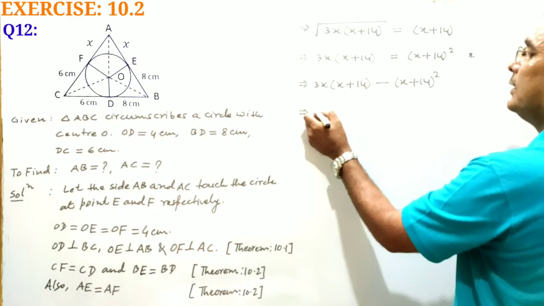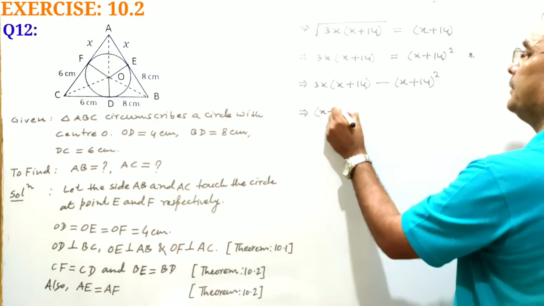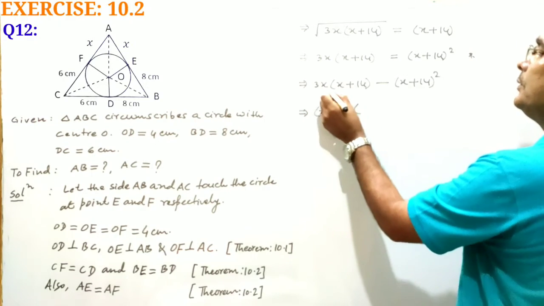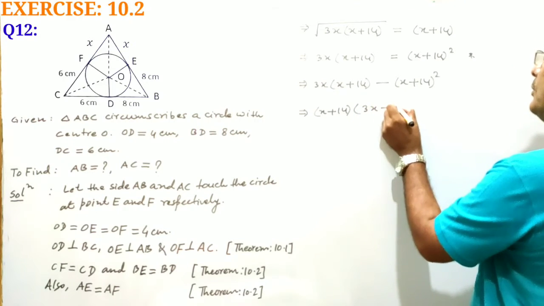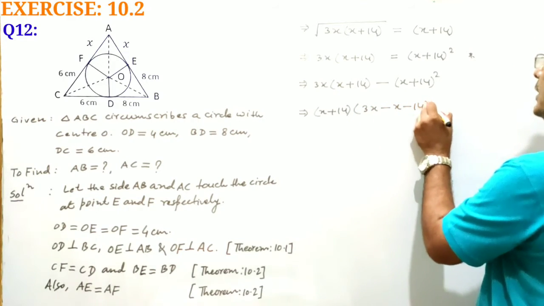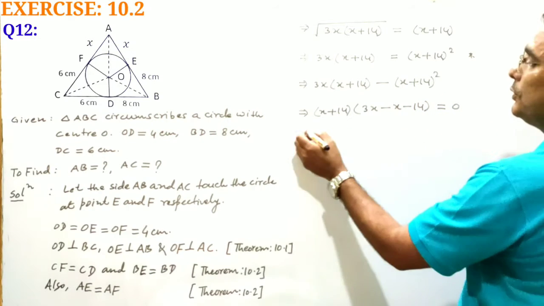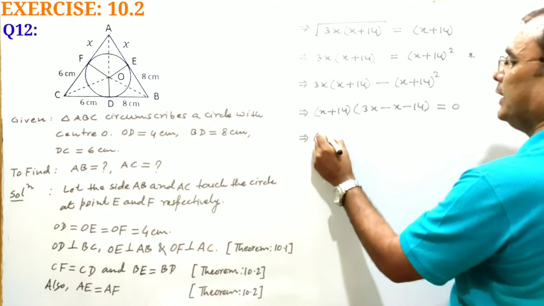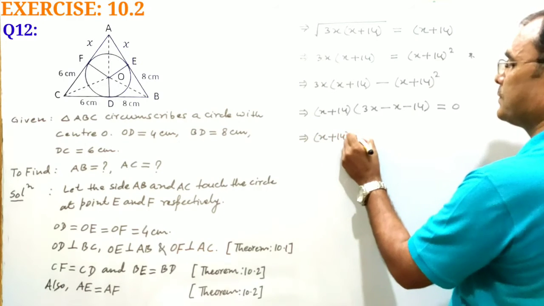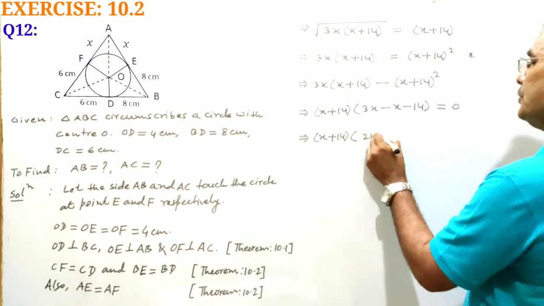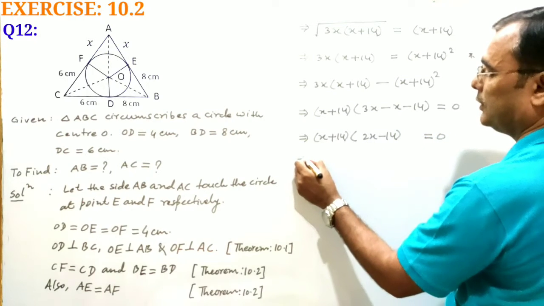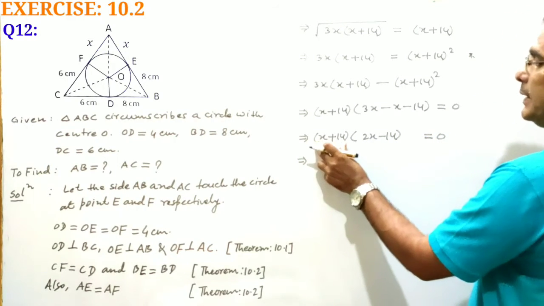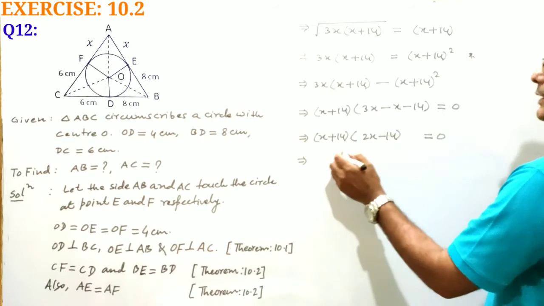Now let's take x plus 14 common, and we are left in the second bracket with 3x minus x minus 14 equal to 0. So x plus 14 into 2x minus 14 is equal to 0, and this implies either first factor is 0 or second factor is 0.